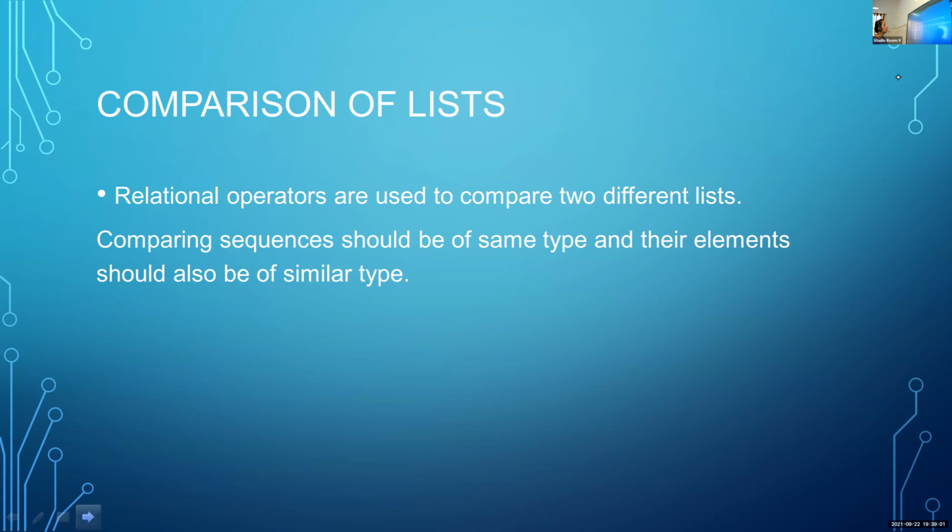So relational operators are used to compare two different lists. Which are the relational operators? Amal? Okay, Irene, which are the relational operators used in Python?